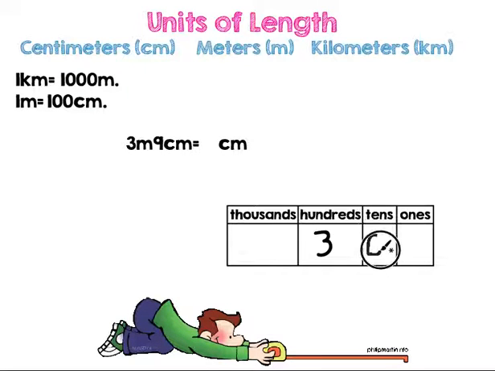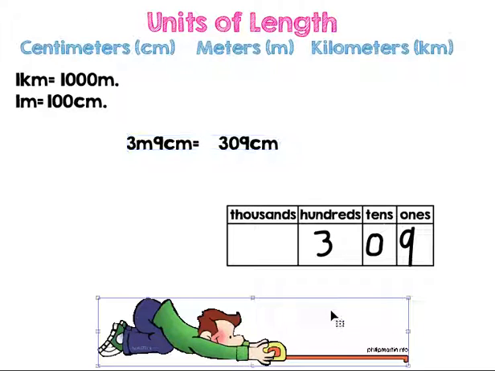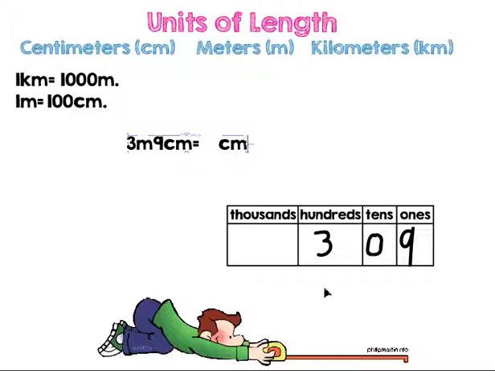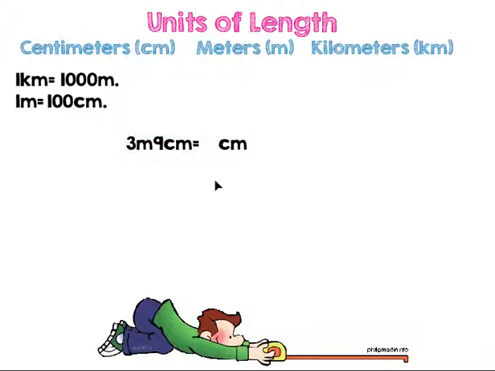No. So that's a 0 and 9. So your correct answer would be 309 centimeters. Okay? And the same thing as we did before, we can do it backwards. Let me leave the answer here.